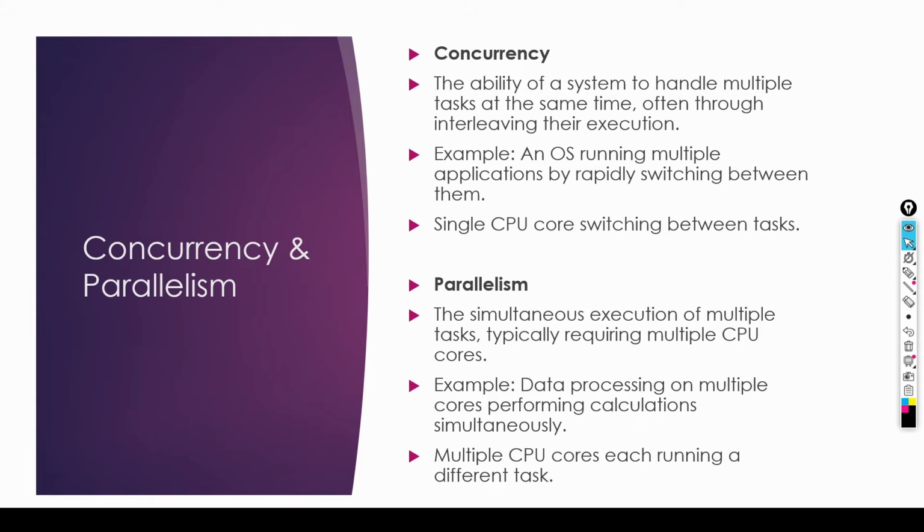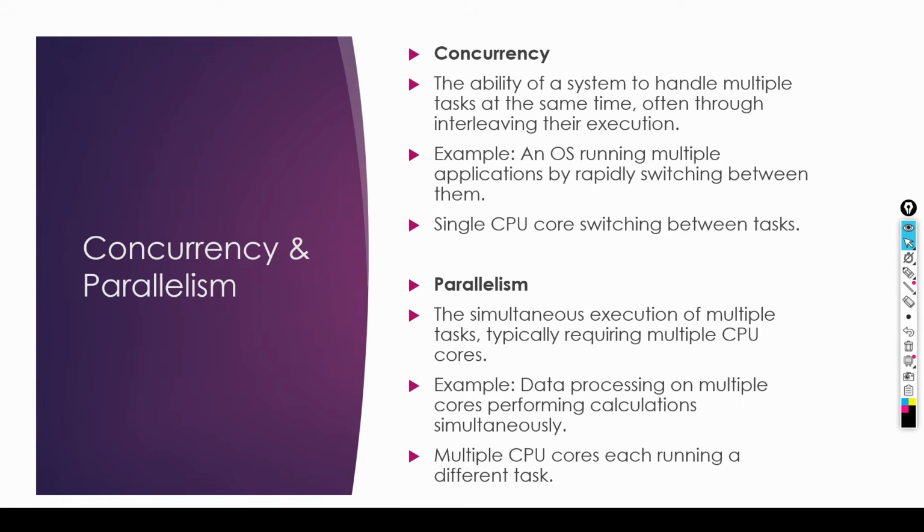Parallelism is different because in parallelism, there are multiple CPU cores and each CPU core is running a different task. So we have a true simultaneous execution of multiple tasks because we have different cores, so they can all run in parallel. As an example, let's say a data processing task has been split into multiple threads, and each thread is performing the calculation simultaneously on different cores.